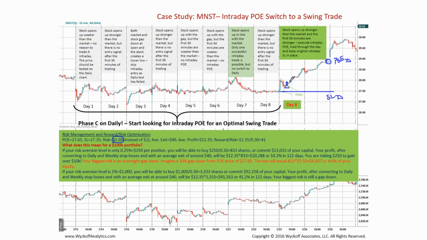So intraday, the risk is much smaller than all of this.